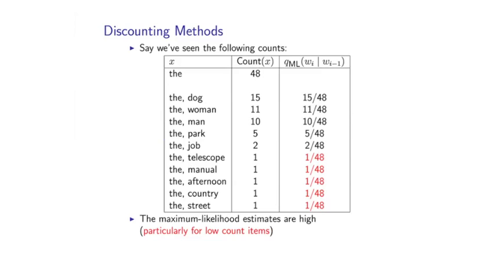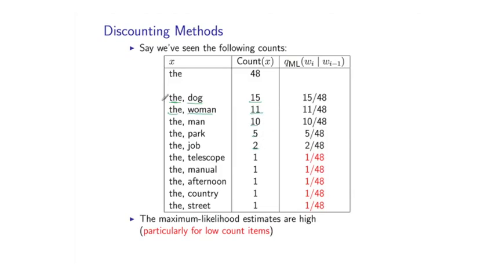Okay, so to understand discounting methods, let's first start with an intuition illustrated by the example I've shown here. What I've shown is the counts for bigrams where the first word in the bigram is the word "the". So for example, the followed by dog is seen 15 times, the followed by woman is seen 11 times, and so on and so on.